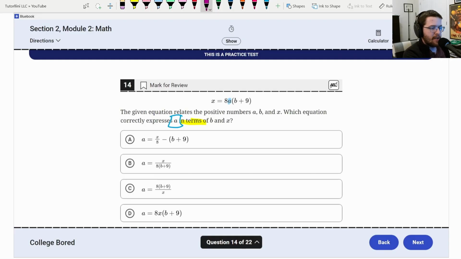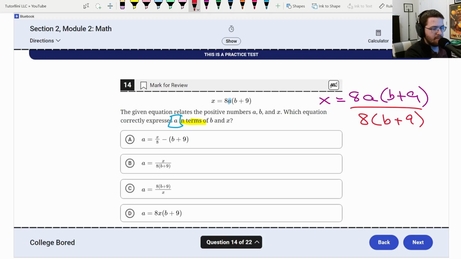And just kind of looking at it, let me rewrite this so that I can show you the algebra. I see that the A is being multiplied by 8 parentheses B plus 9. The opposite of multiplication is division. So I'm going to divide both sides by 8 B plus 9.